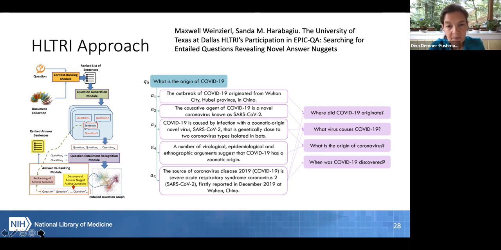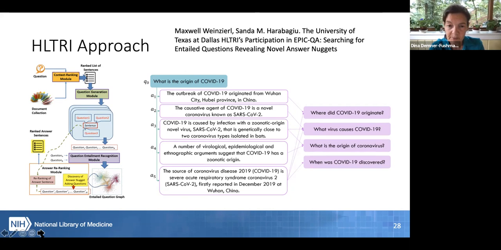He used very interesting, sophisticated approaches to find sentences, to re-rank the sentences, generate the questions from these sentences, then sort of figure out which nuggets will be in these sentences by clustering these sentences using entailment, and then re-ranking so that the new nuggets are appearing closer to the top.